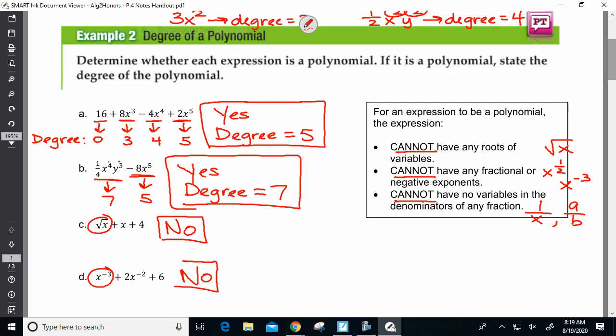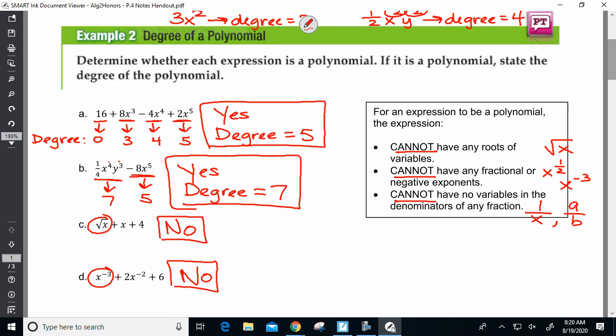Answer is no. So the purpose of this exercise is very simple. In order to add, subtract, multiply, divide polynomials, it has to actually be a polynomial. There's no sense in doing it if it doesn't even satisfy being a polynomial.